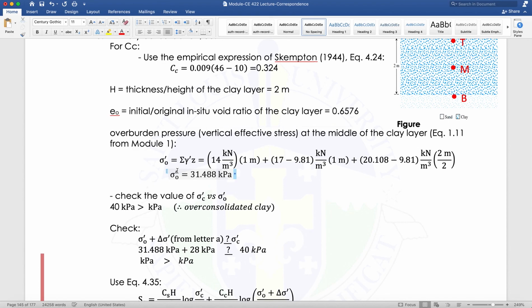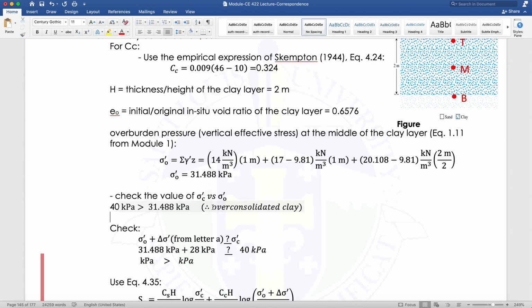Our pre-consolidation pressure is 40 kilopascals and our overburden pressure is equivalent to 31.488 kilopascals. Okay? Therefore, our pre-consolidation pressure is greater compared to the overburden pressure.